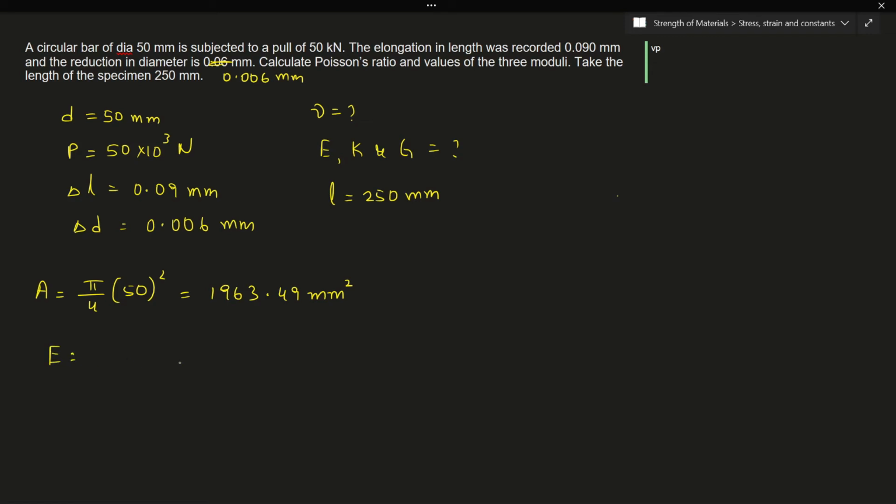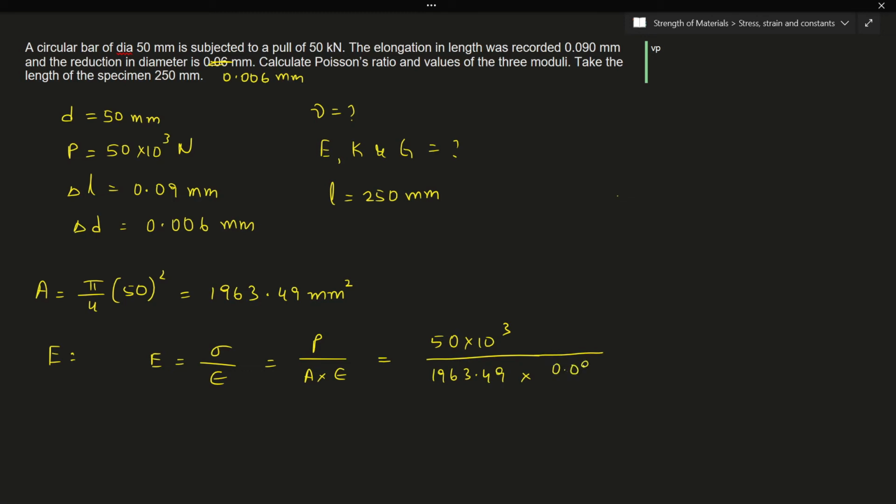Okay, so I'll calculate the elastic modulus, so that is nothing but E. So to calculate E, I'm going to have E is equal to sigma by epsilon, so longitudinal stress by longitudinal strain, so that is nothing but stress is given as P by A, P divided by A into epsilon. So that would be equal to, P is given as 50 kilonewton, 50 into 10 to the power of 3 divided by cross sectional area 1963.49 into epsilon, which is change in length divided by original length.